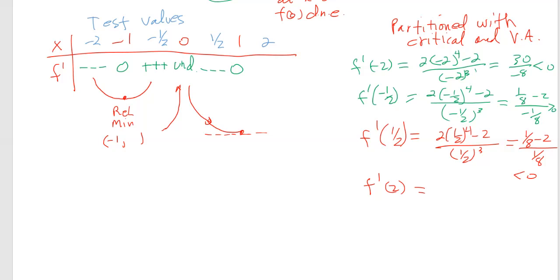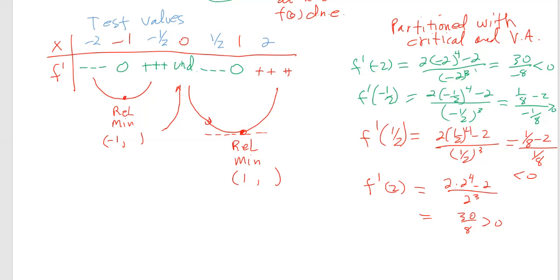F prime of 2 is 2 times 2 to the 4th minus 2 over 2 to the 3rd. That will be 30 over 8, which is positive. So it actually did come back up, and it's coming back up like this. So we have another relative minimum here, and that's at 1.